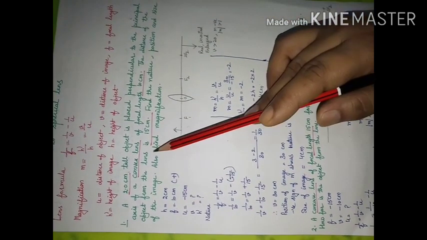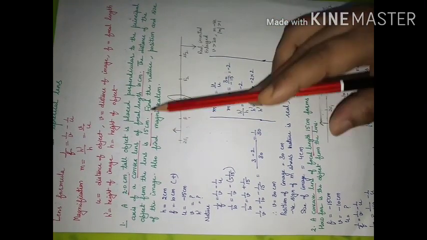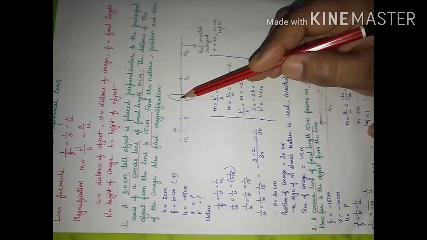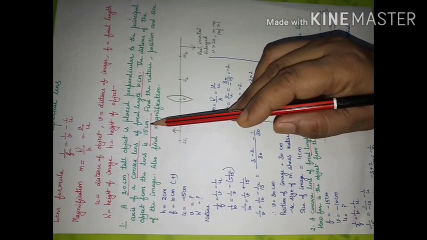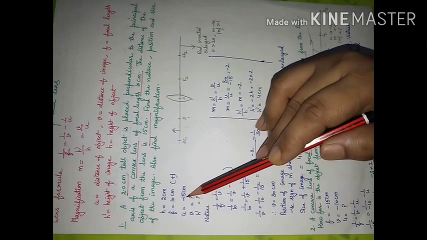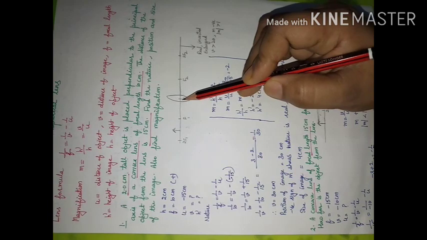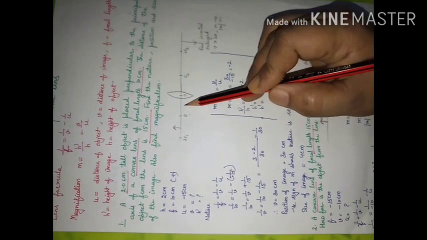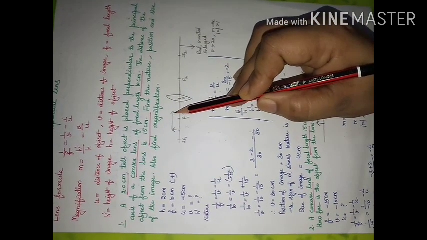Then distance of object from the lens, this is given u. This distance is from this point to optical center, u. This distance is given as 15 cm. With u we will use a negative sign because this distance we measure from optical center towards this side, and ray of light is going from this side to this side.